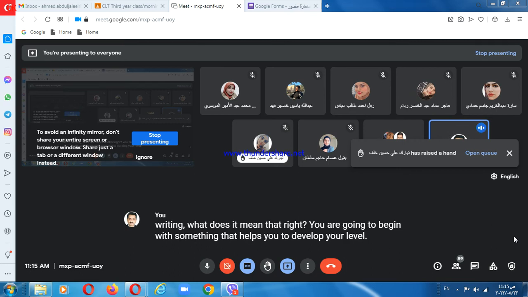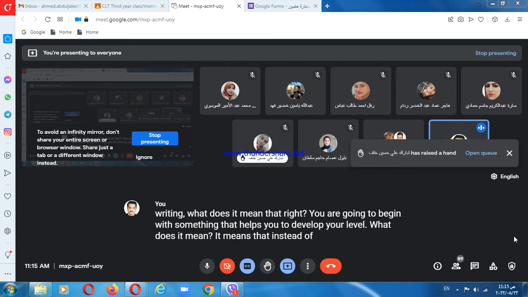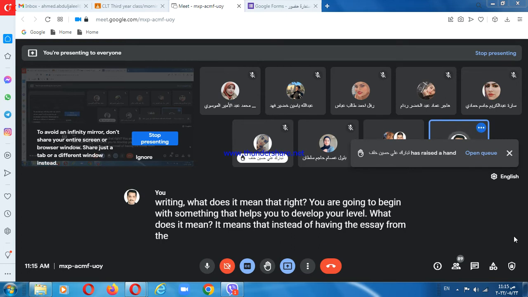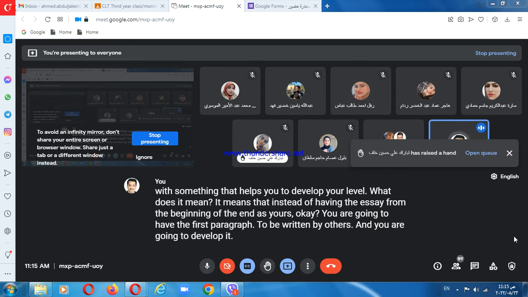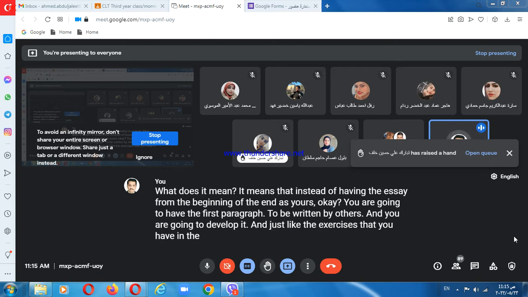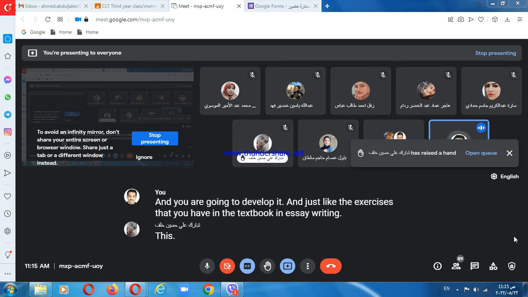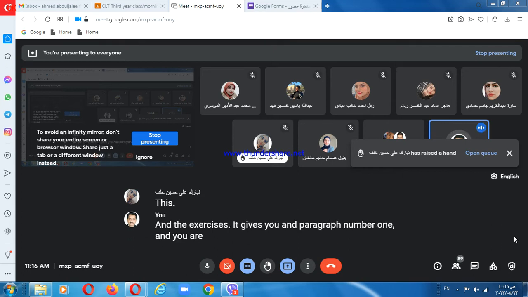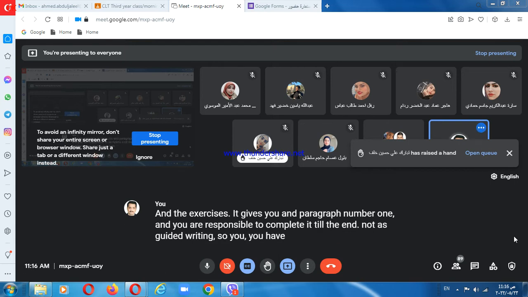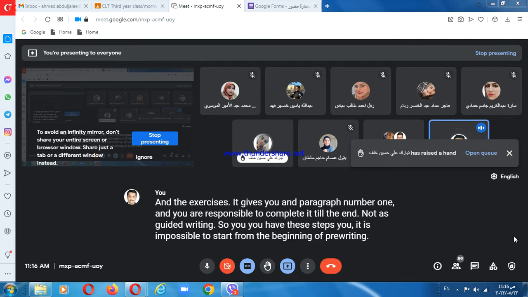Instead of having the essay from the beginning till the end as yours, the first paragraph is written by others, and you develop it, just like the exercises in the textbook on essay writing. The exercise gives you paragraph number 1, and you are responsible to complete it till the end. That is guided writing. So you have these steps. It is impossible to start with free writing, because you are still not developing yourself.